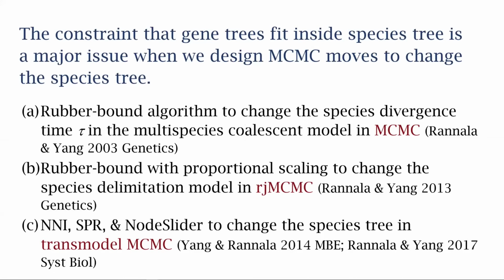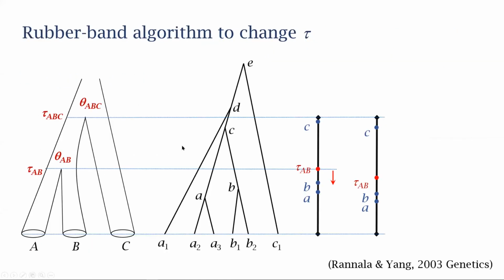The first one, for example, is an MCMC move that changes the species divergence time. That's called tau. So maybe I'll go to the slide here. This is the species tree. Let's say we are changing this tau AB right now. The thing is that there are lots of gene trees. If you have 1,000 loci, there are 1,000 gene trees.